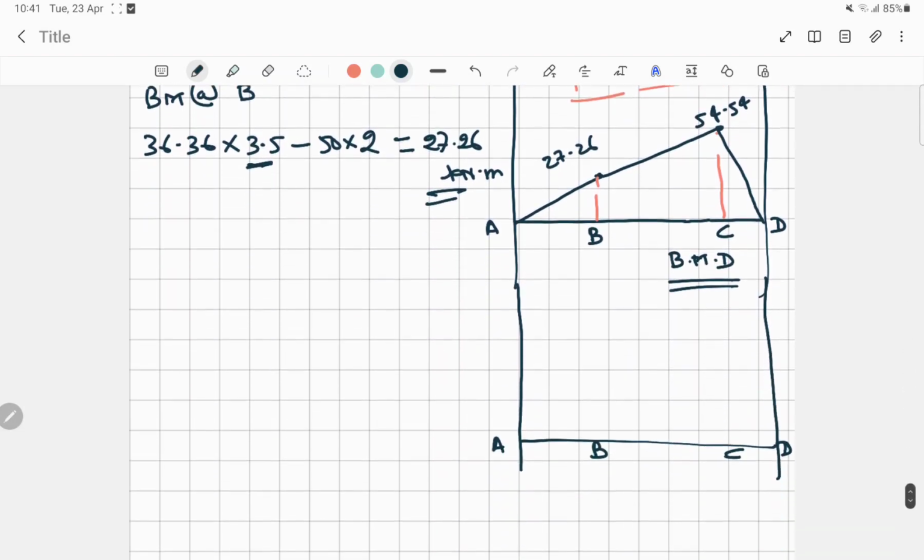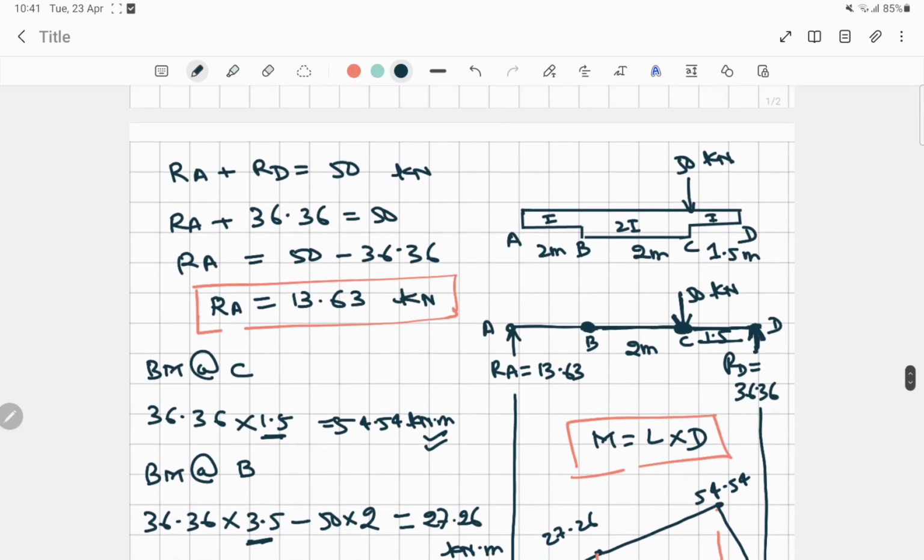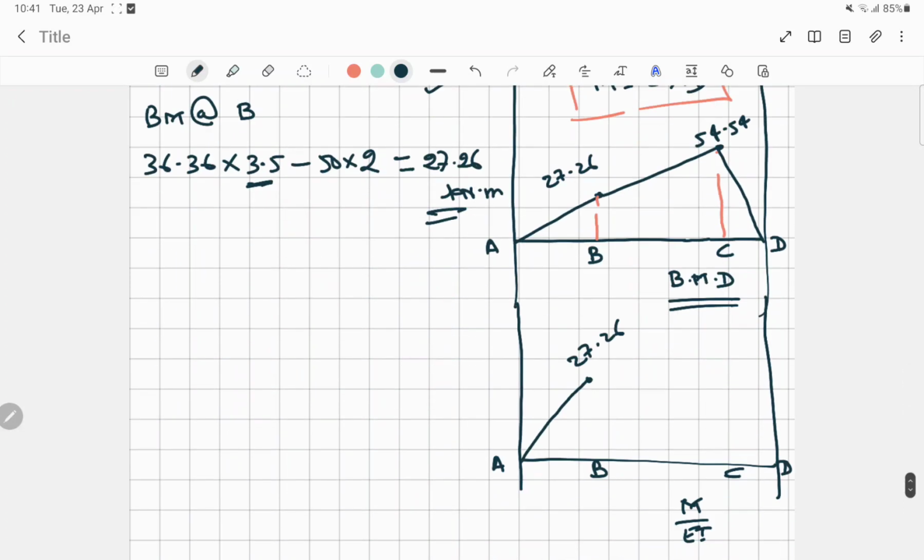So for this point it's 27.26 and from A to B the I value is 1, right? So it will be divided by 1, then it will come like this only.